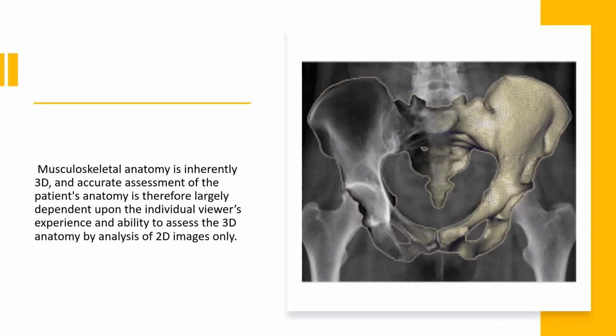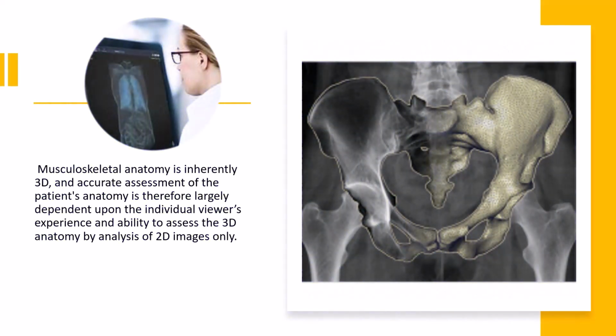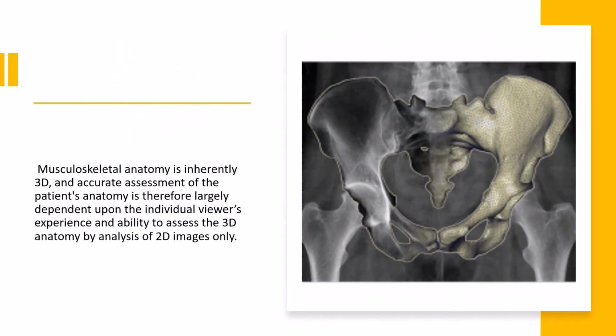Musculoskeletal anatomy is inherently 3D, and an accurate assessment of the patient's anatomy is therefore largely dependent upon the individual viewer's experience and the ability to assess 3D anatomy by analysis of 2D images only.